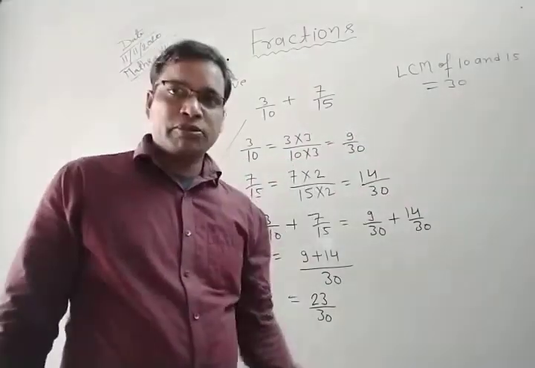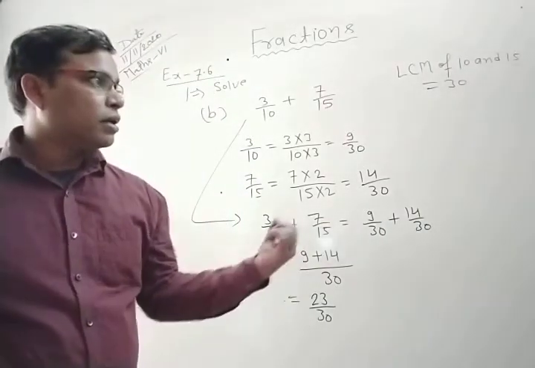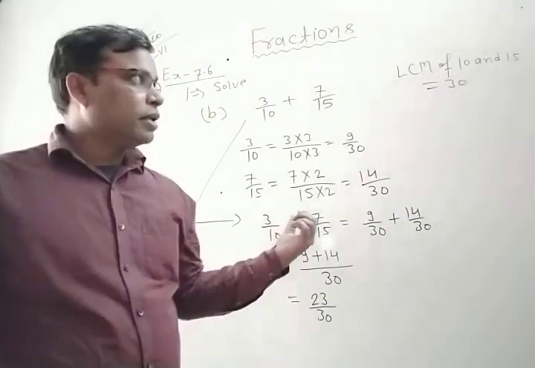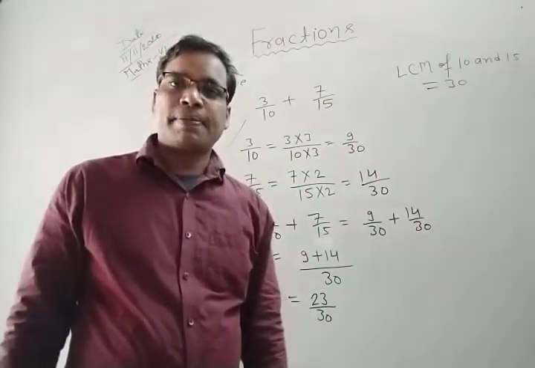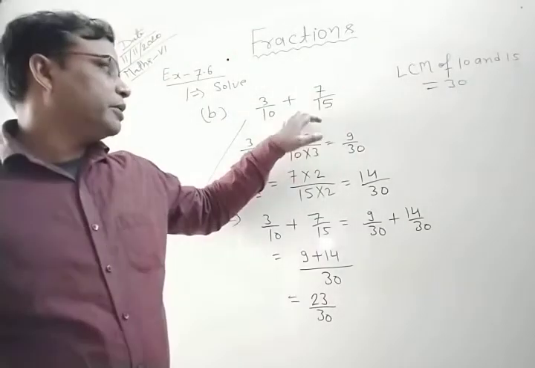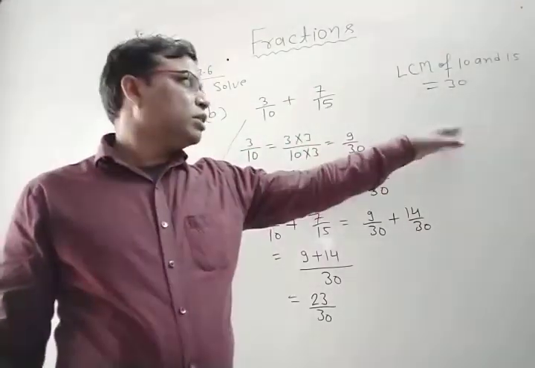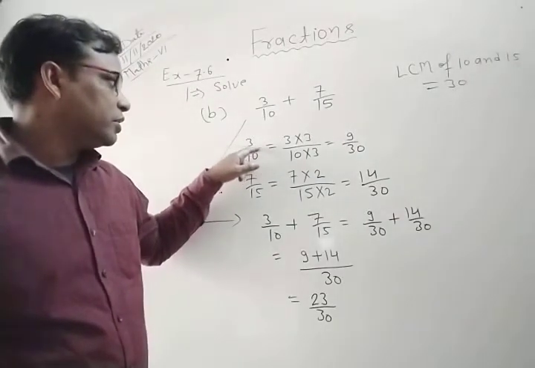How can we find LCM? We discussed here just a moment ago that we find LCM by the division method. So LCM of 10 and 15 is equal to 30. So here you can say this is 3 by 10.